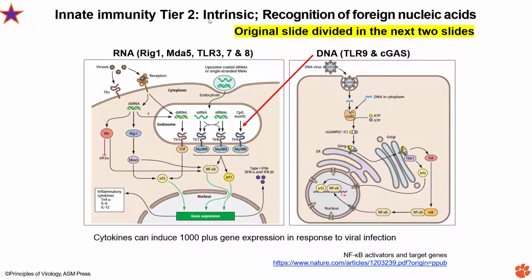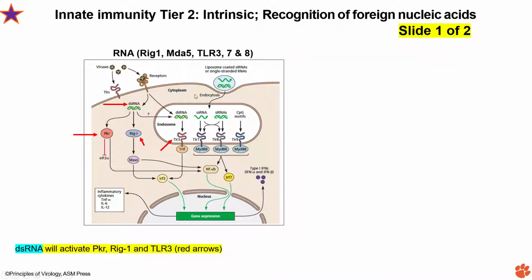All right. So here, divided into the next two slides, detail-wise. First, we are going to look at the RNA detection, the left side. And then in the next slide, we are going to look at the DNA detection. So what we can ask here is which of the following types of viral nucleic acid will activate PKR, RIG-I, TLR3.